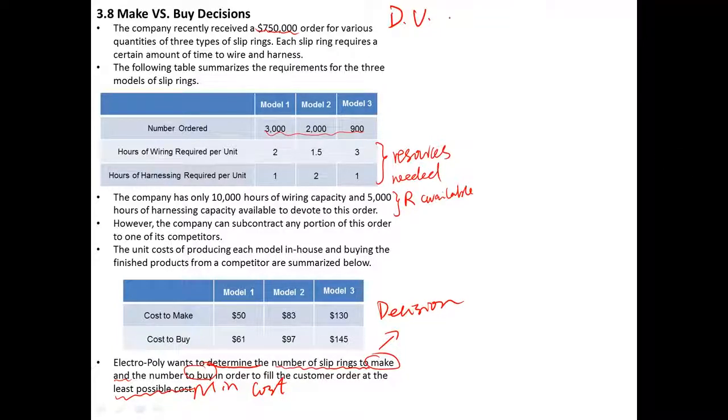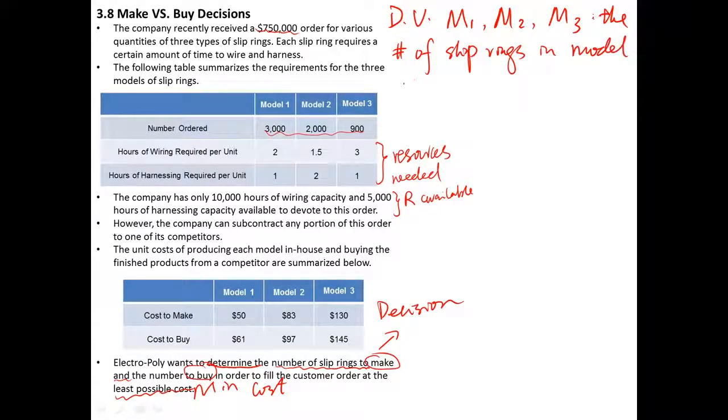So here I'm going to use M1, M2, and M3 to represent the number of slip rings in models 1, 2, 3 to make in-house.